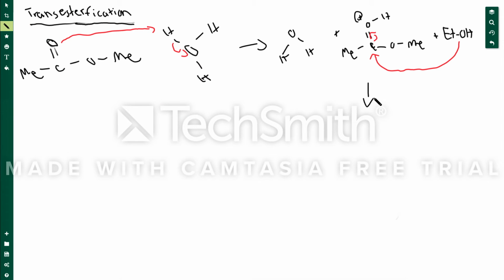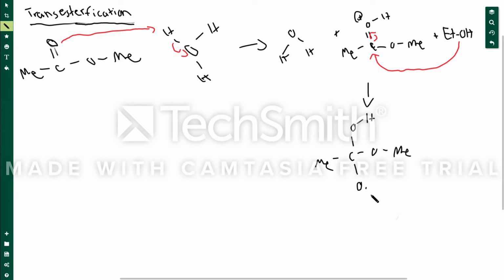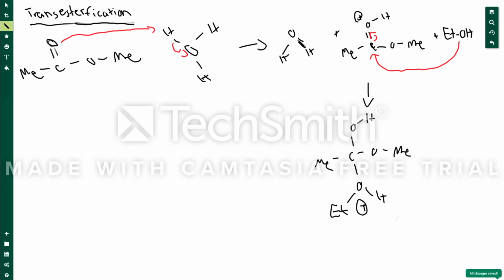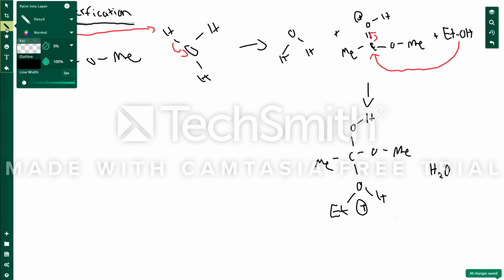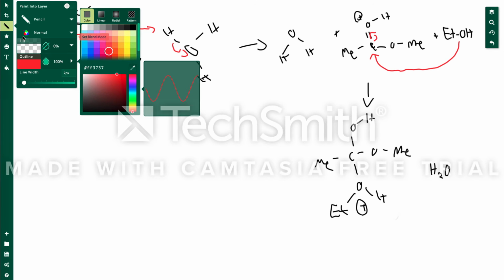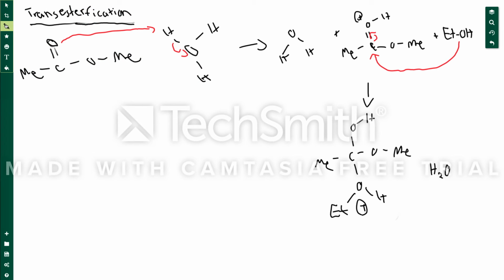So this is now OH, CO, ME, ME, and then OH, ET. Now this is again a plus, but this H2O from up here will say very happily, hey, you took my hydrogen, I'm taking it back.